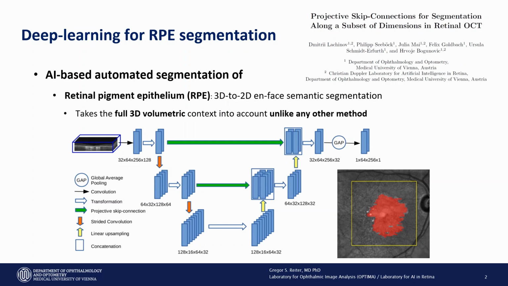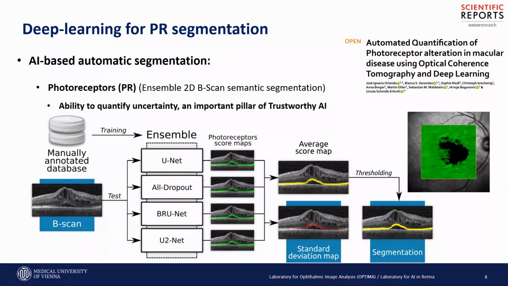To identify those features, we created deep learning-based algorithms, one for RPE segmentation, which is based on a 3D to 2D en face semantic segmentation. That means that it extracts the RPE layer from the full 3D volumetric image.